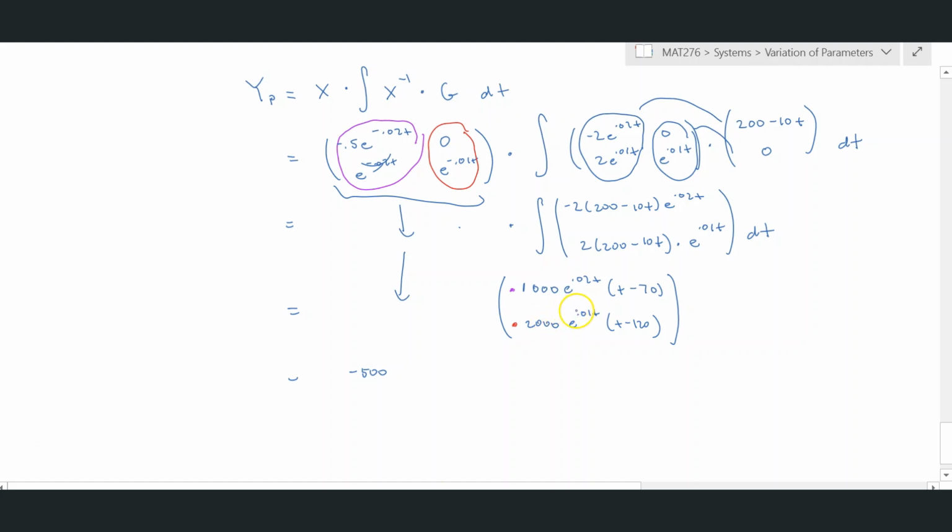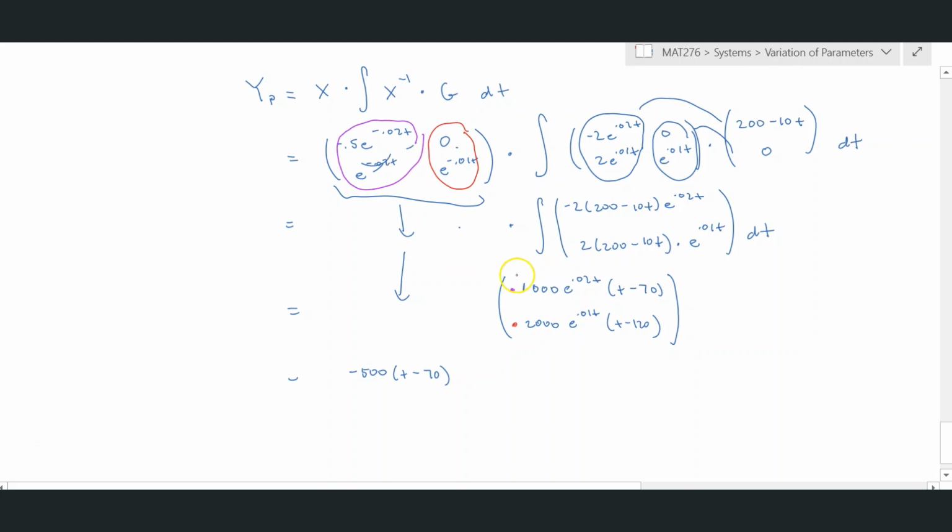And then when I multiply e to the 0.02t times e to the positive 0.02t, these cancel out and just give me a 1. But then I still have that t minus 70 on the end. Now I'm going to add that to 2000 e to the 0.01t times t minus 120 times 0, which is just 0.